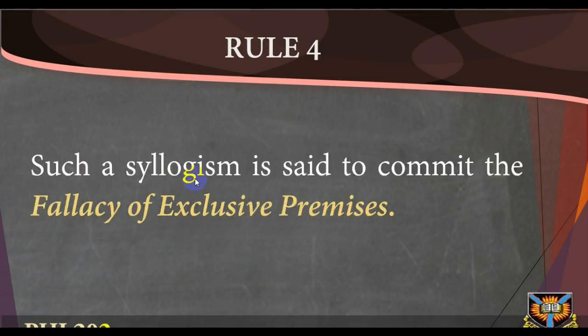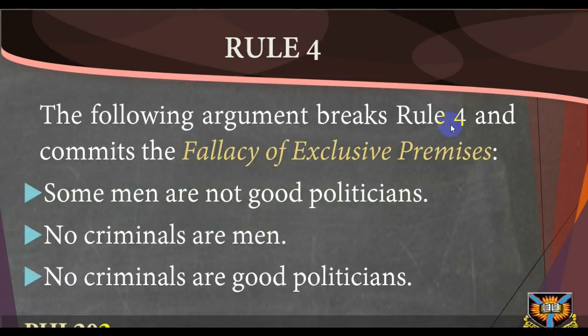Such a syllogism is said to commit the fallacy of exclusive premises. The following argument breaks Rule 4 and commits the fallacy of exclusive premises. Some men are not good politicians. No criminals are men. Therefore, no criminals are good politicians.